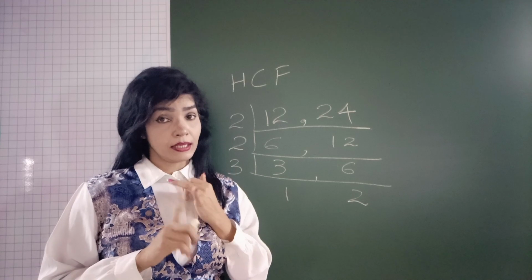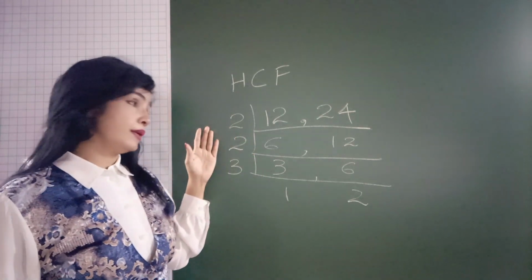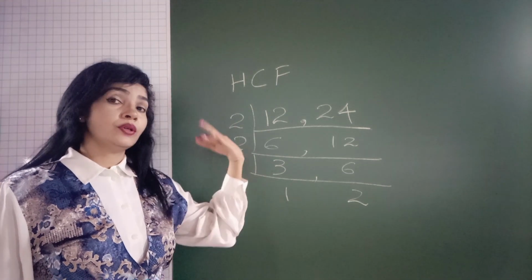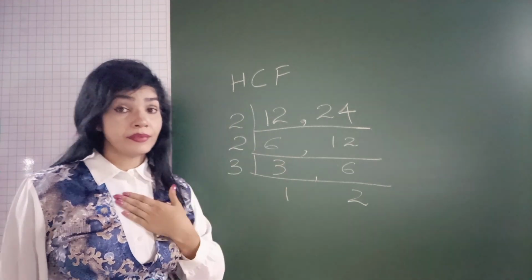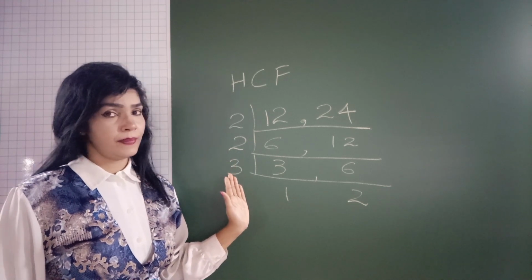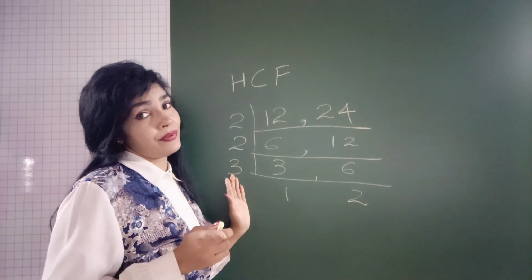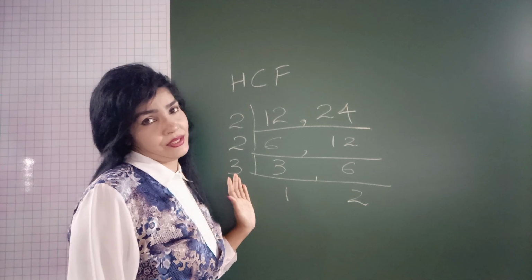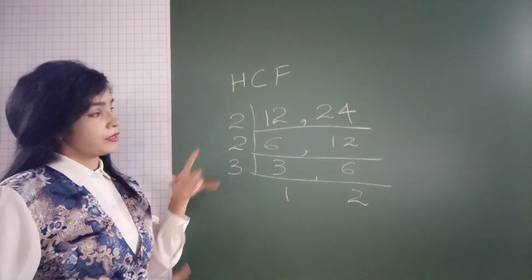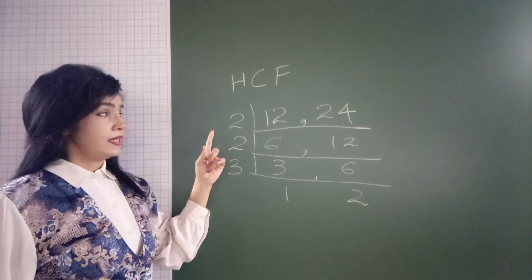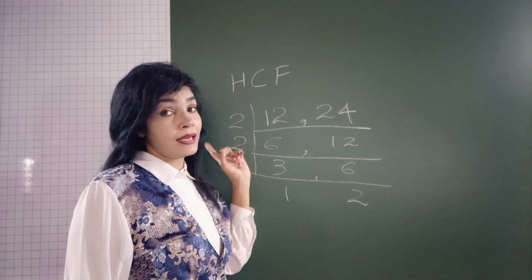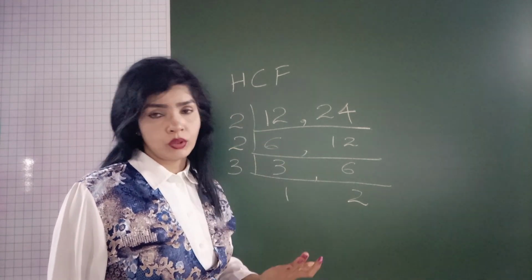We have to remember one thing. For the LCM, the lowest common multiple, we also divide and go. Although I can divide both the numbers or one number, I have the freedom to take any prime number and divide. Okay? But in the highest common factor, we don't have that privilege. We can divide the two numbers only by the prime numbers that can divide both.